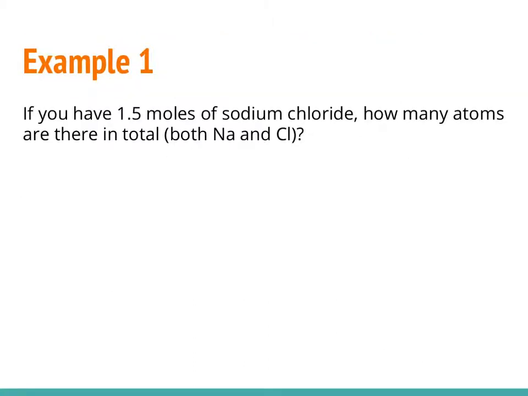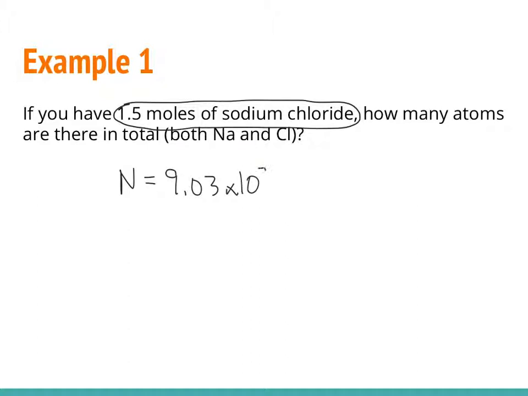Looking at our first example again, where we had 1.5 moles of sodium chloride, when we did that calculation, we knew that the number of molecules was 9.03 times 10 to the 23 molecules of sodium chloride.